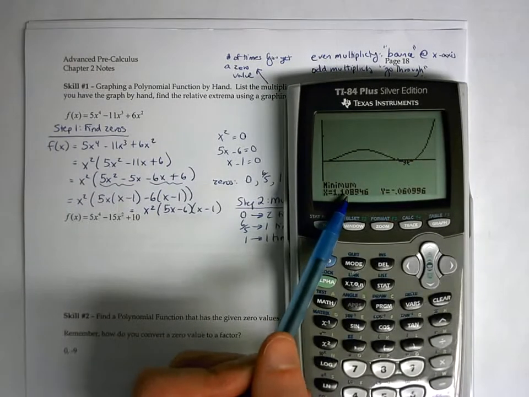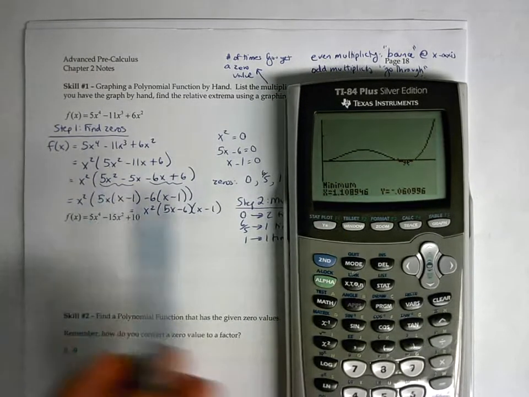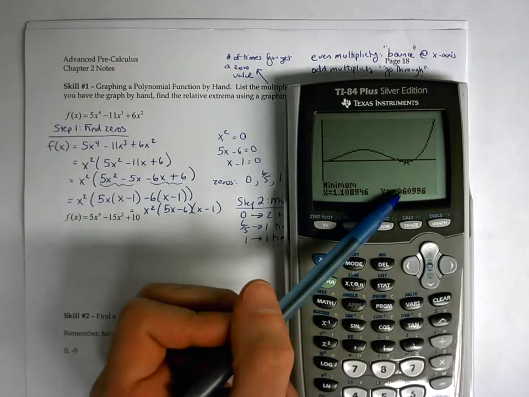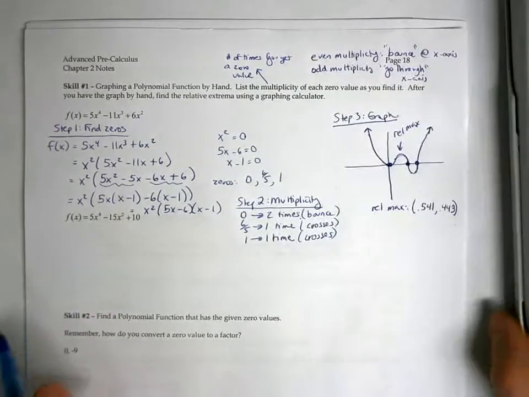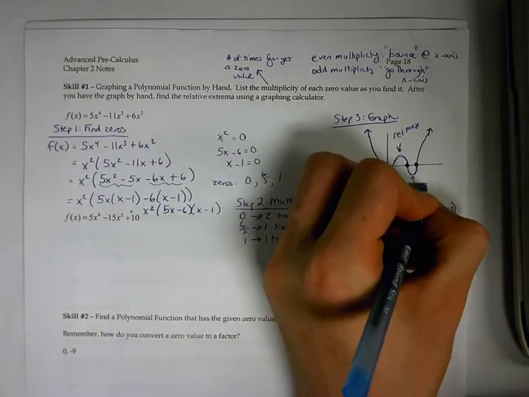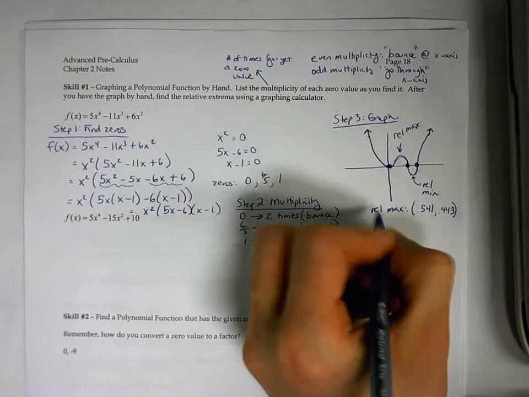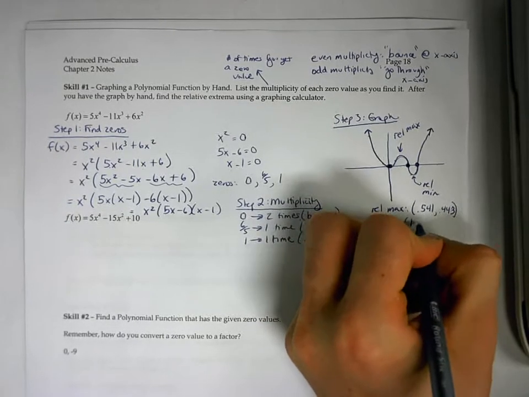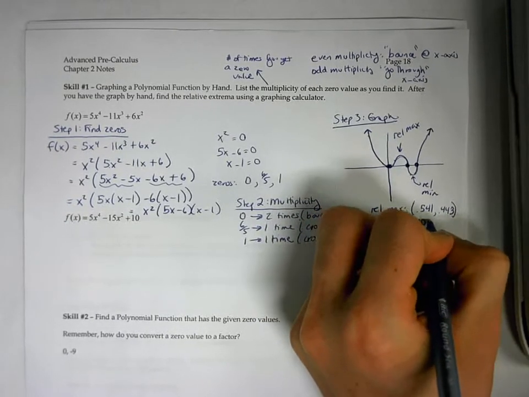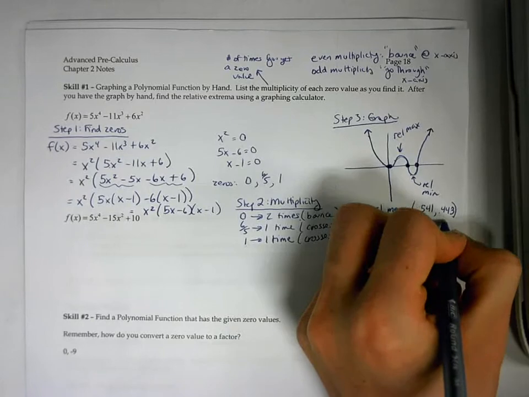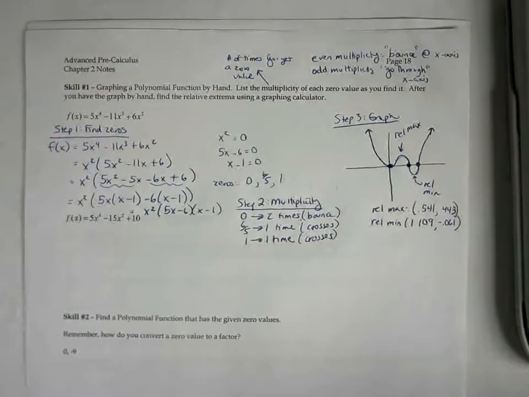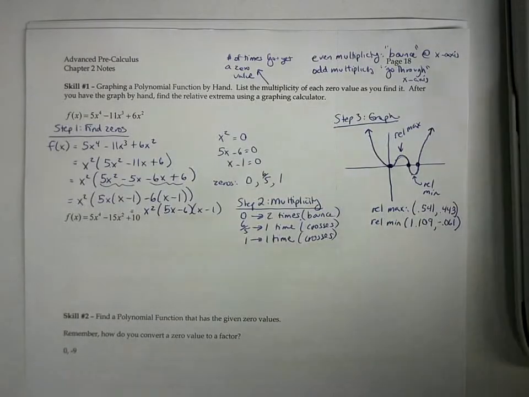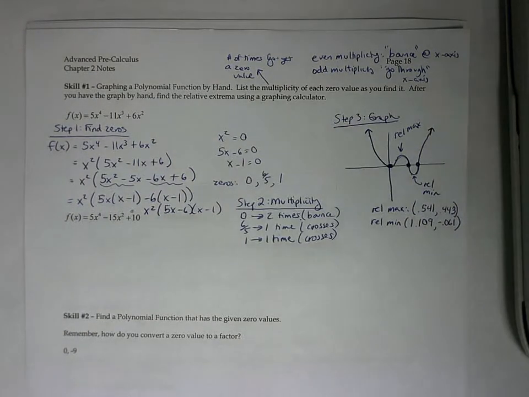And there's our relative minimum at 1.109 if we round to 3 decimal places, and then negative 0.061 when we round to 3 decimal places. So right there's my relative min, and it's 1.109 and negative 0.061 rounded to 3 decimal places.